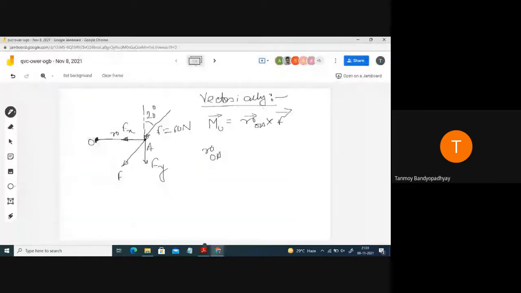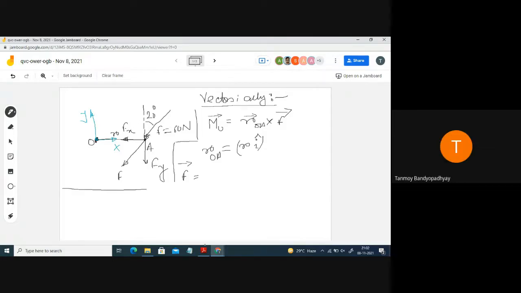As I discussed, when you intend to find the moment at some point, the best thing is to take that point as the origin. So I am taking O as the origin. That will simplify everything. So ROA will be only R i. I hope now you can understand. Clear? Similarly, vector F.